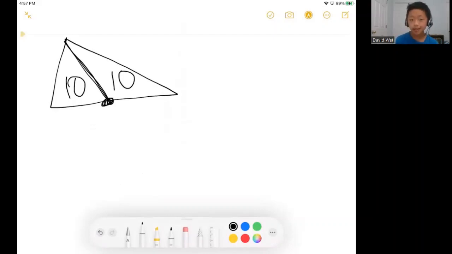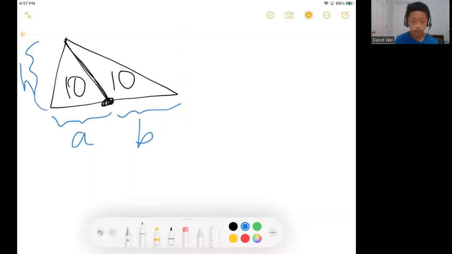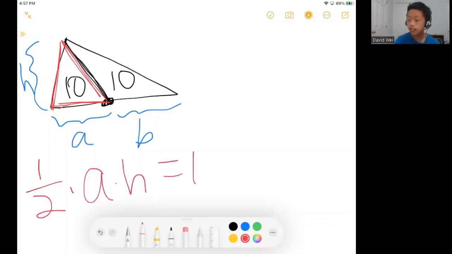An important thing to know from this is that you can conclude something. If you call this length A and this length B, we know that the height of the triangle is H. The area of this red triangle is going to be 1/2 base times height, 1/2 A times H, and that's 10.